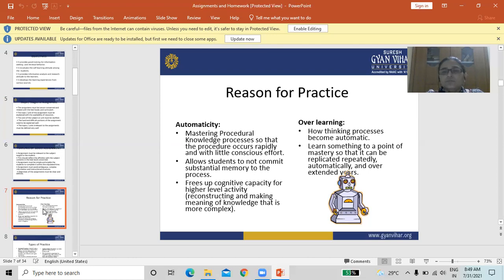Learn something to a point of mastery so that it can be replicated repeatedly, automatically, and over an extended period, for years.